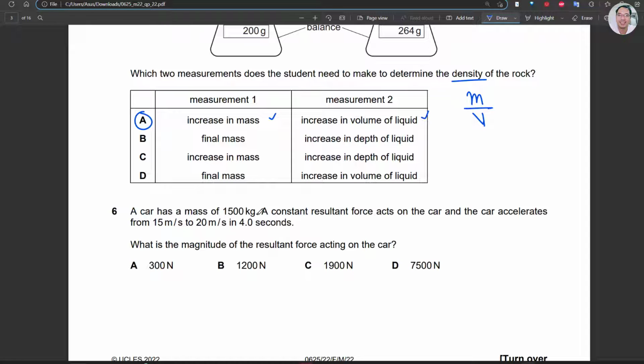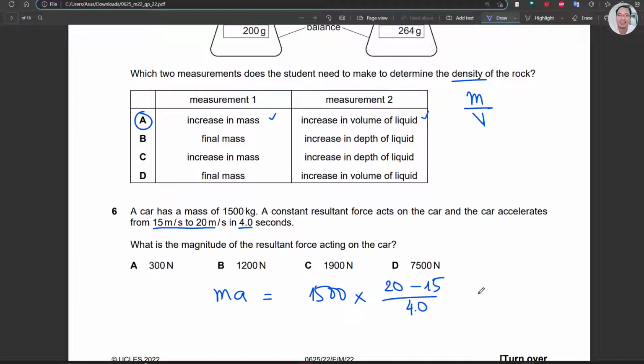Resultant force is mass multiplied by acceleration. Mass is 1,500. We have to calculate acceleration, which is 20 minus 15 over 4. 4 is the time. 20 minus 15 is the increase in velocity, from 15 to 20. So this is 5 over 4.